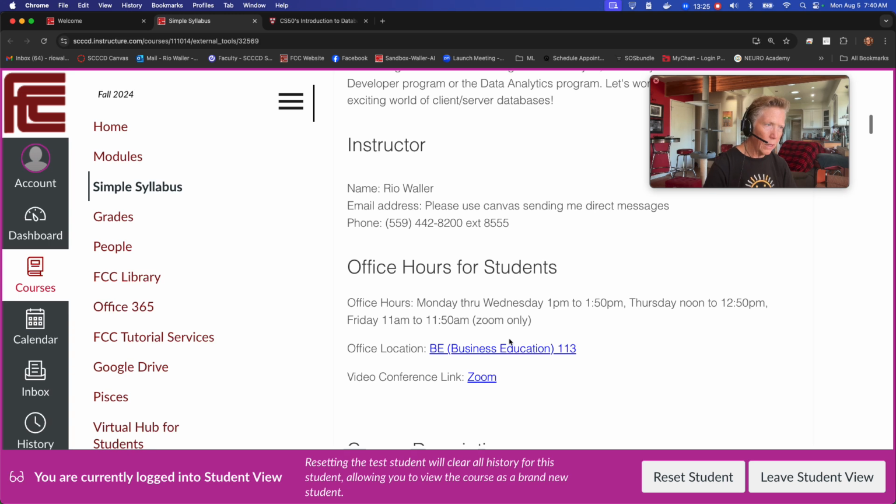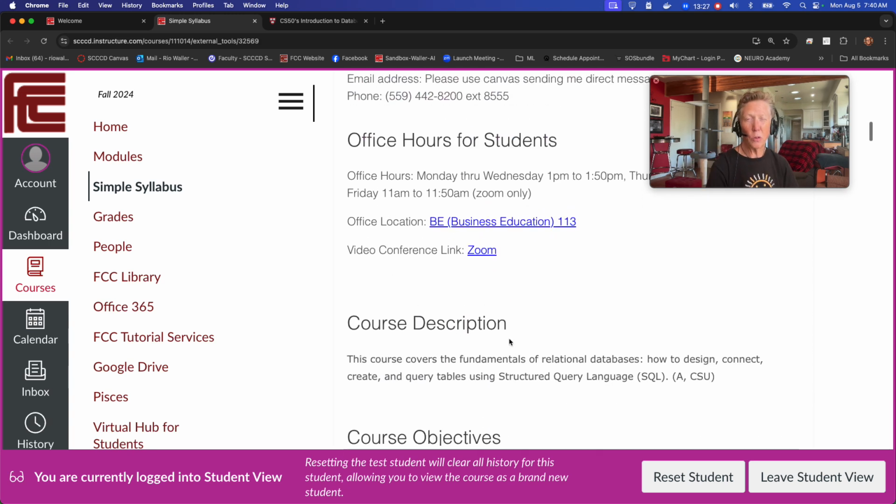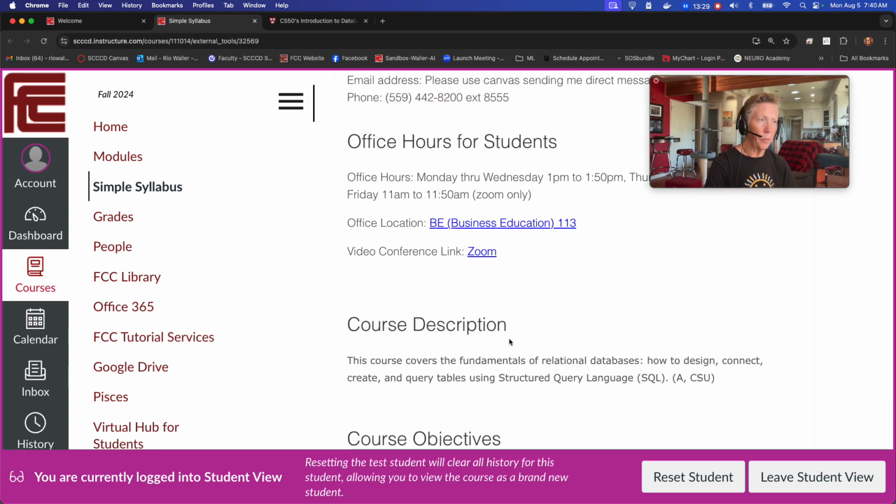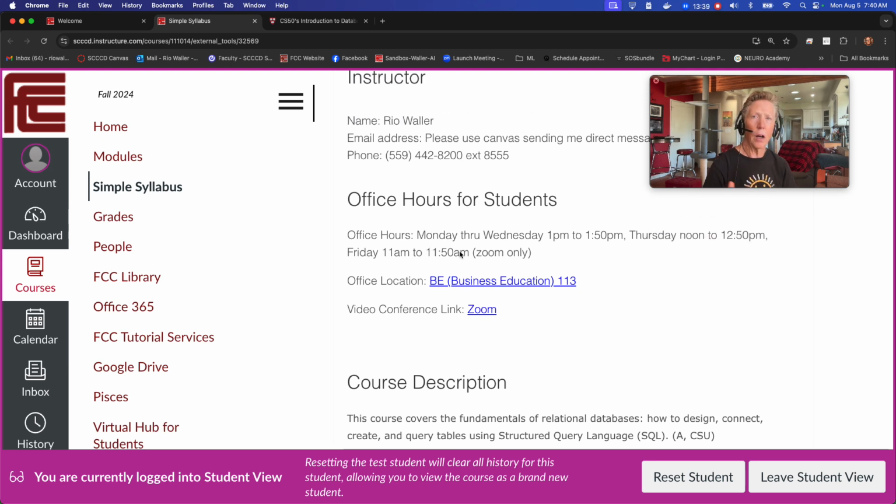I've given you my information for contacting me. Do know that I am on campus; that's my office, BE 113, when I'm holding office hours during the week, and you can see them here. I'm both on campus and on Zoom, so you don't have to come on campus to connect with me. You can do it through Zoom, and by the way, that technical interview can be done on Zoom.